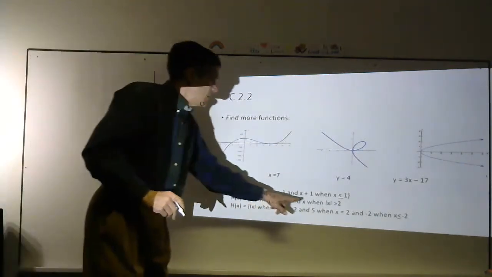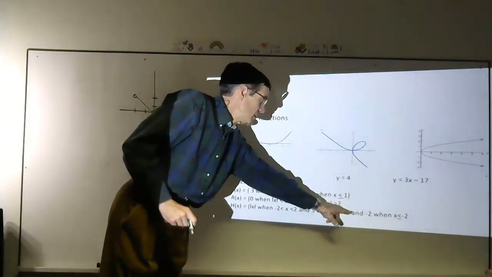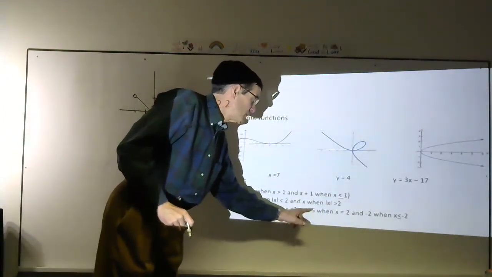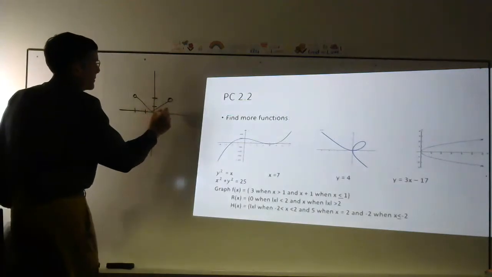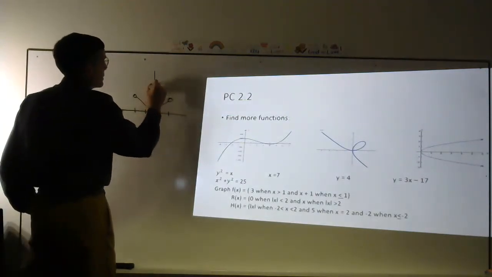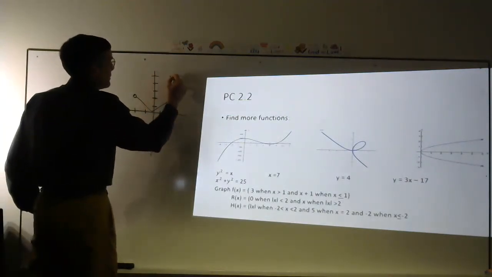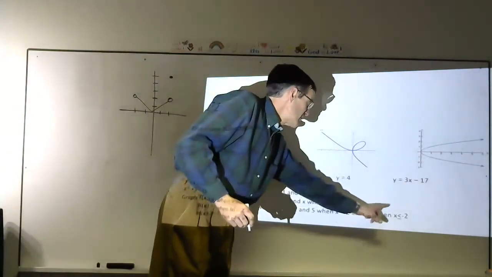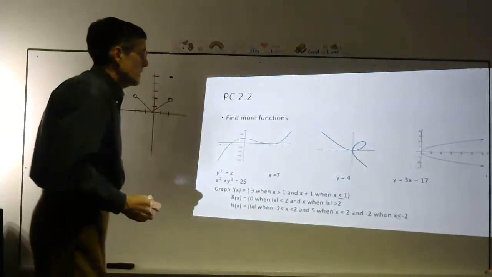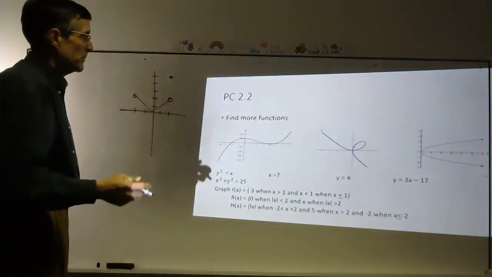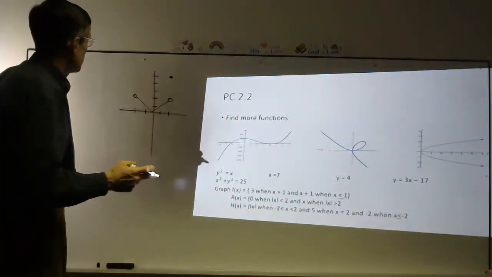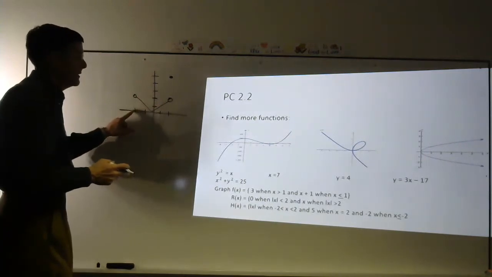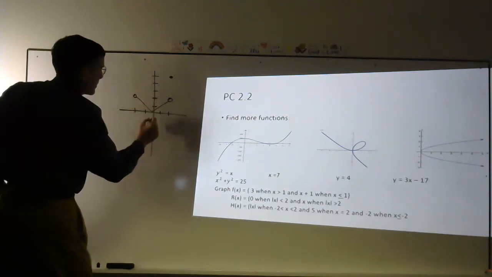Now, when x is equal to 2, I'm at 5. And when x is less than or equal to -2, here's x at -2, it goes to -2.